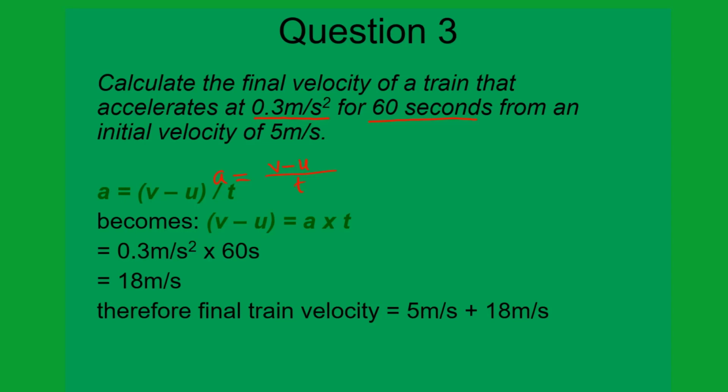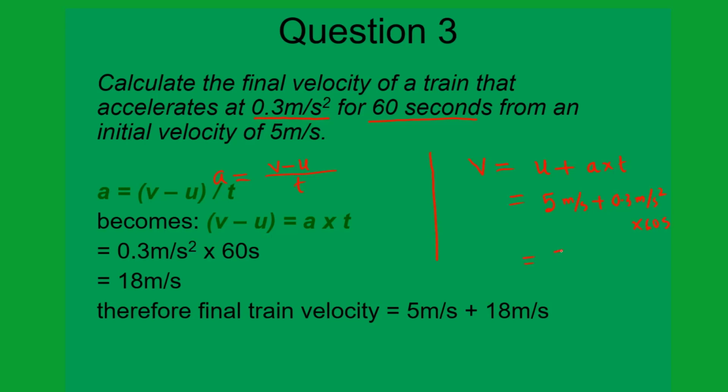We can do this math by using this simple formula, v equal to u plus a into t. So initial velocity 5 meter per second and acceleration is 0.3 meter per second square and time is 60 seconds.